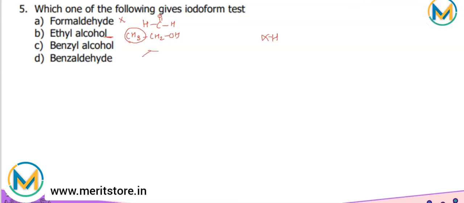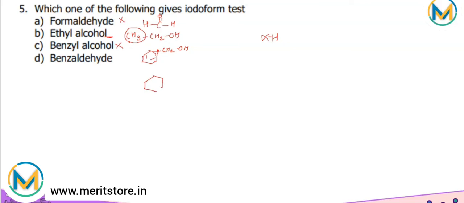If we look at benzyl alcohol, it is a benzene ring attached with CH2OH. So this is the functional group carbon, and this is the alpha carbon. And this is sp2 hybridized with a branch already attached, and it does not contain any alpha hydrogen atom. So benzyl alcohol cannot give the iodoform test. And the last is benzaldehyde.